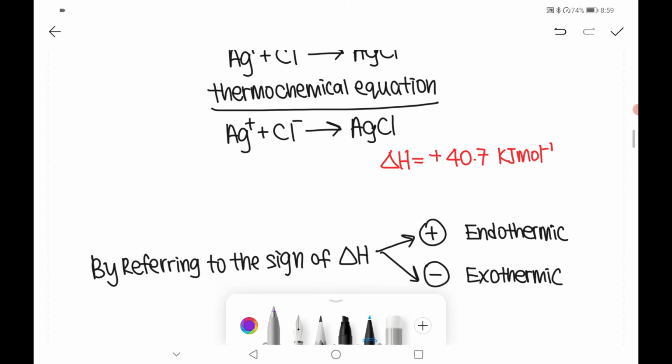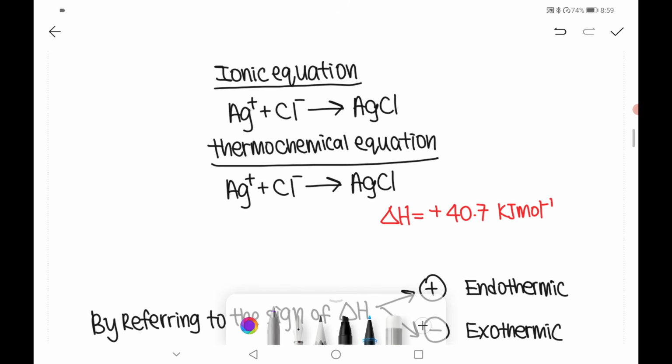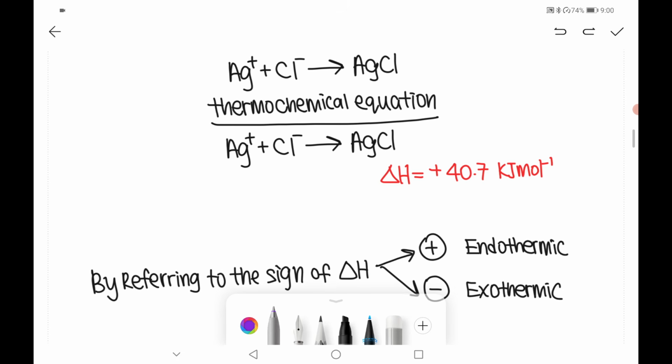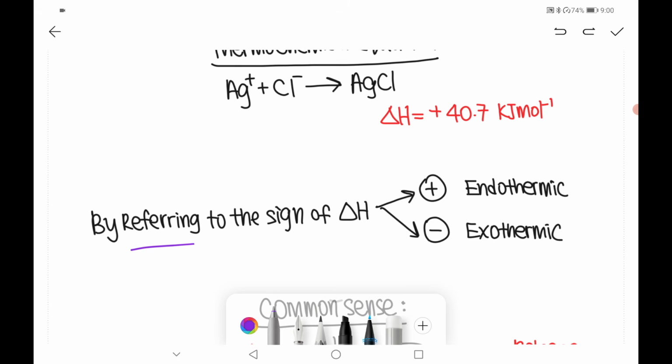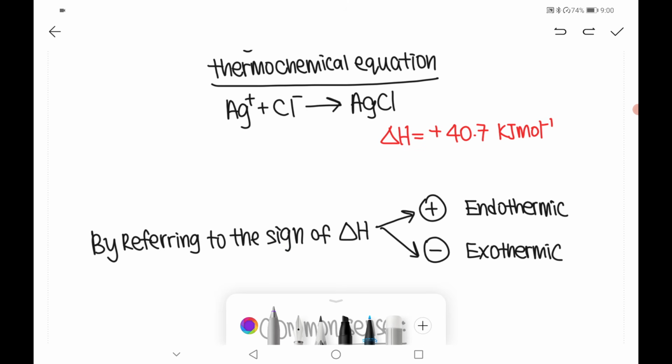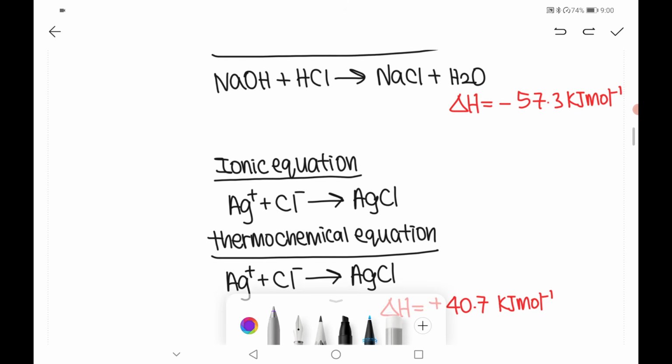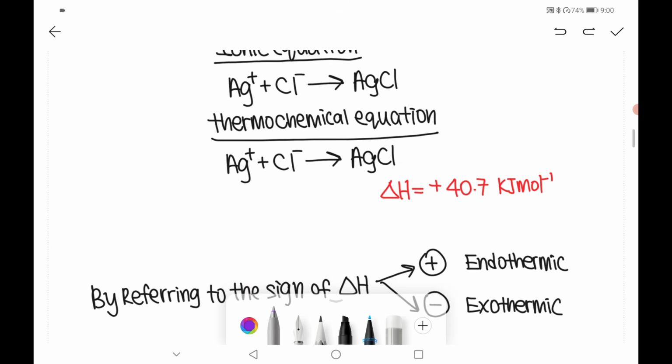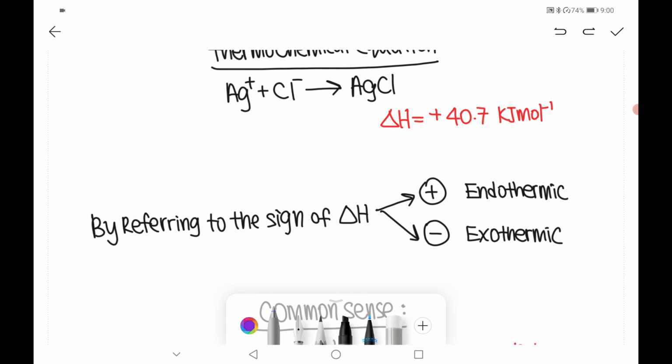The next thing: why do we need to learn about thermochemical equations? Because when we look at the sign of the delta H, whether it is positive or negative, we will know whether it is endothermic or exothermic.